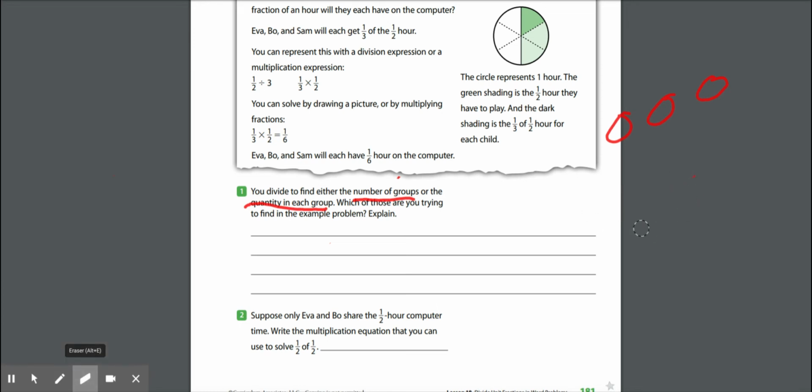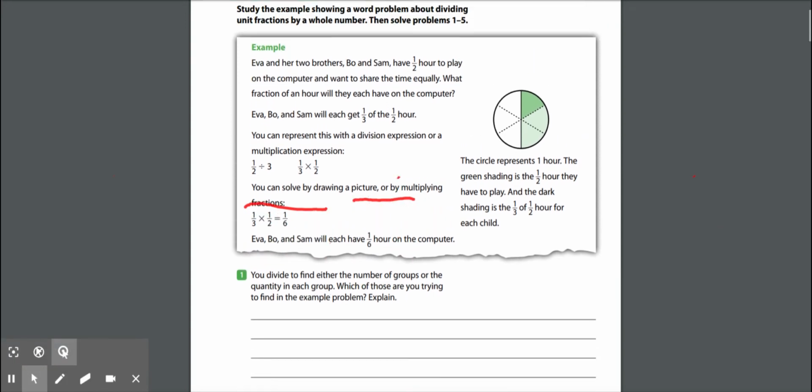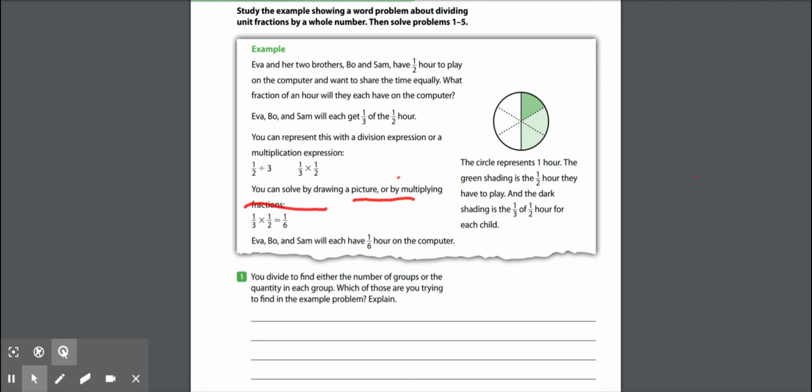So in the problem above, what did we divide to try to find out? What were we dividing to do? Let's take a look. Were we dividing to figure out how many groups we needed to make? Or were we dividing to try to find out how much was in the group that we made?